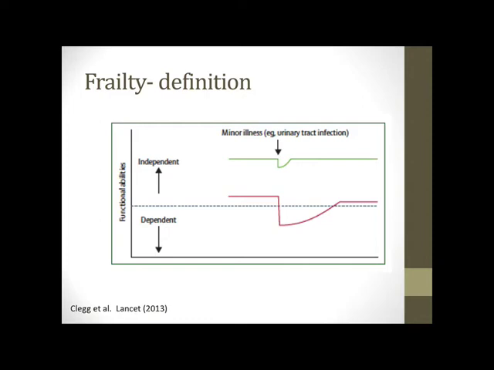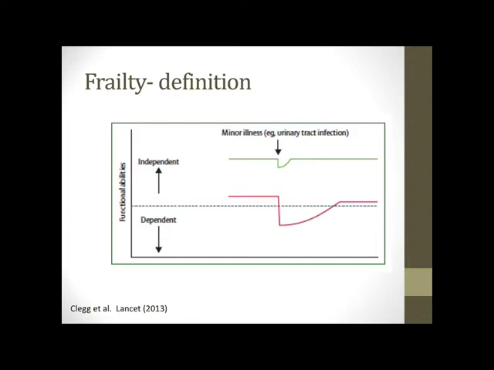The red line is somebody who's frail. Somebody who's frail may be just bordering on that independent level at home. Then they get a medical illness in hospital, take a big nosedive, and go into that dependent territory. As they get better, it takes them a lot longer to recover, and when they do recover, they don't return to their baseline.